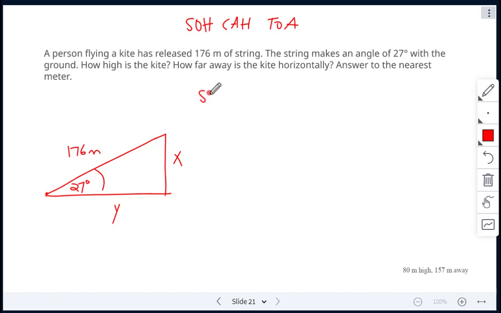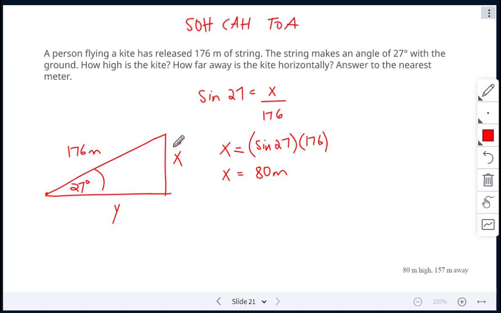So we can set it up as sine of 27 is equal to x over 176. Solving for x, cross multiplication, sine of 27 multiplied by 176. And we get 79.9. We'll just round that to 80 meters. All right, so that's our height.